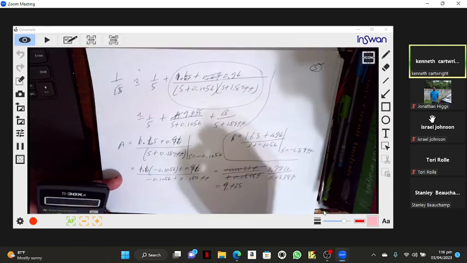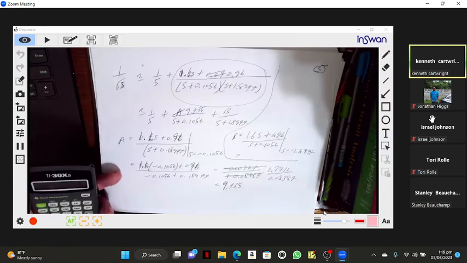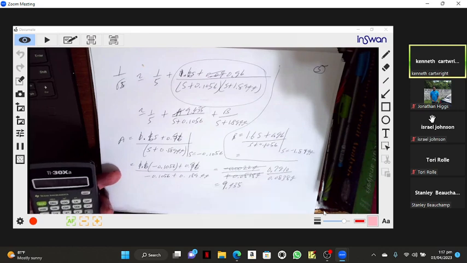So that is 1.6 times negative 1.8944 plus 0.96.